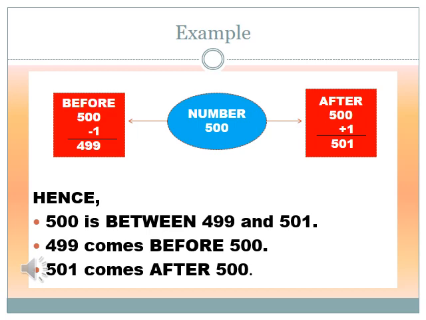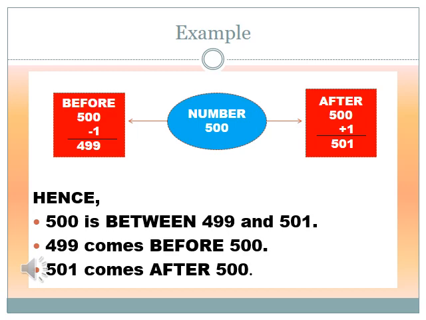Let's understand the topic with an example. I have taken a number 500 and we have to find what comes before 500 and what comes after 500. As I told you, to get before number we have to subtract 1 and to get after number we have to add 1. So to get before number, subtract 1 from 500, we get 499. It means 499 comes before 500.